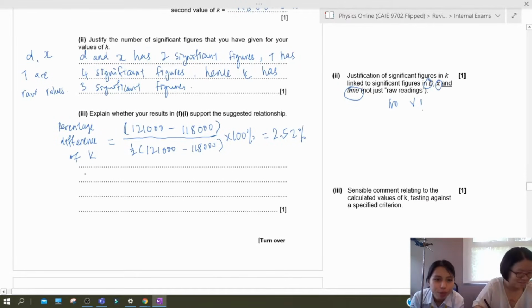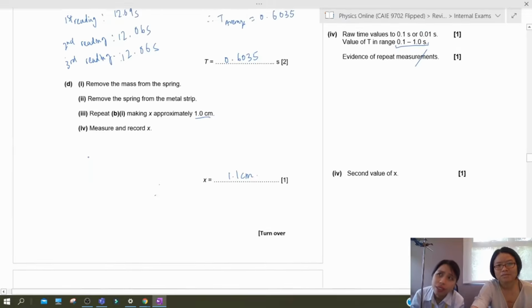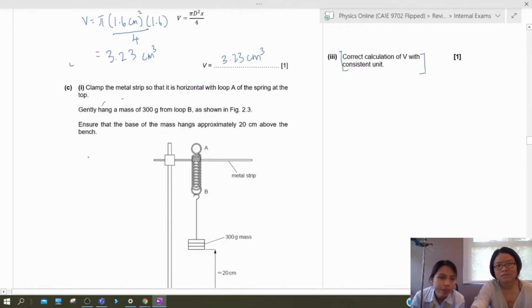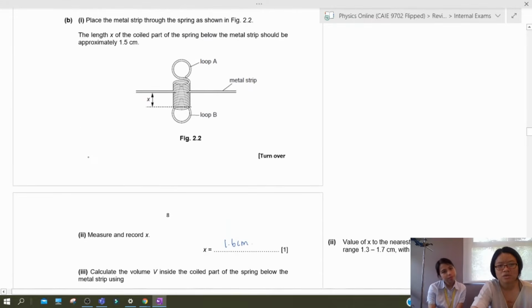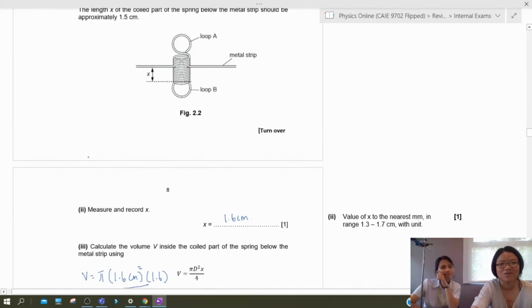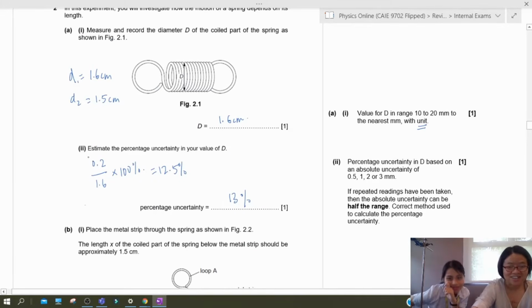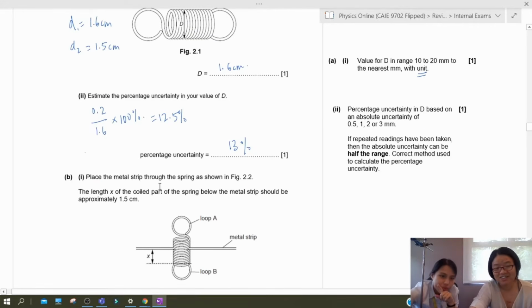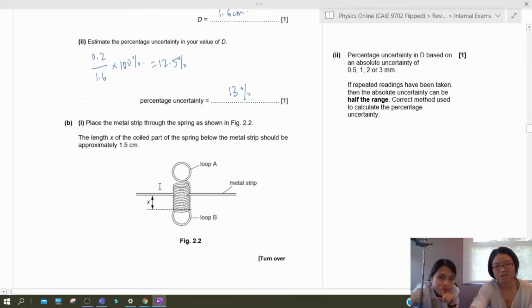Okay, 2.52%. So now we need to compare with something, right? So they're different. Is that because they're really different or because of some uncertainty? Just now when we measure D, the uncertainty is 13%. But then we measure a bunch of other stuff also, right? We measured D, we measured T, we measured X as well.